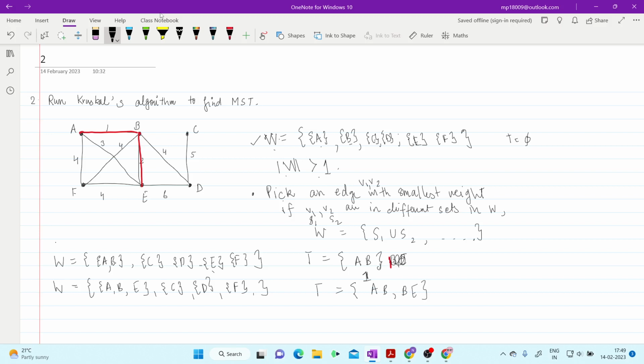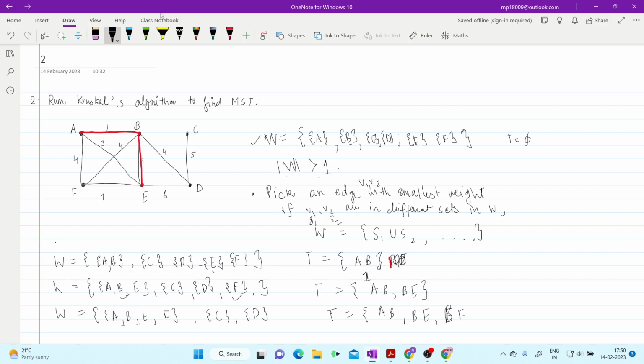Now after AB and BE, what is the smallest weight edge? BF, right? B and F are also contained in two different sets, therefore we accept that edge. Sorry, ma'am, AE is having the lowest weight. Yes, AE.